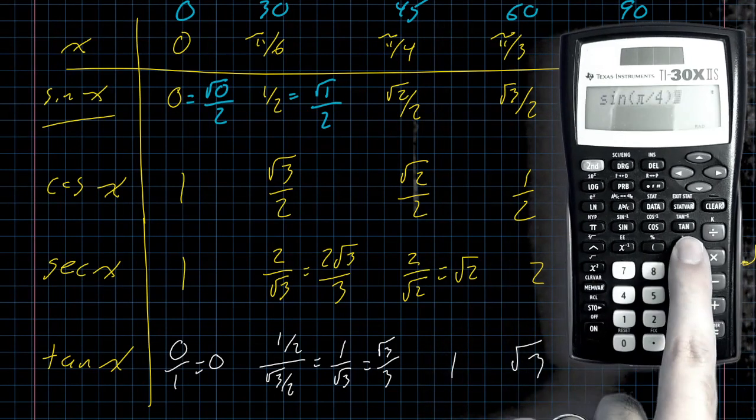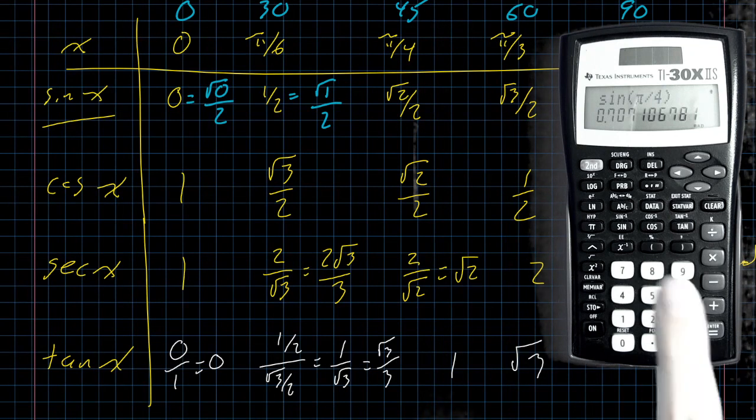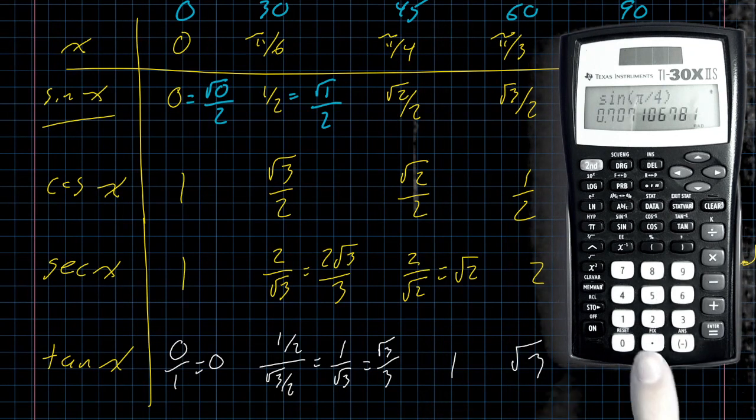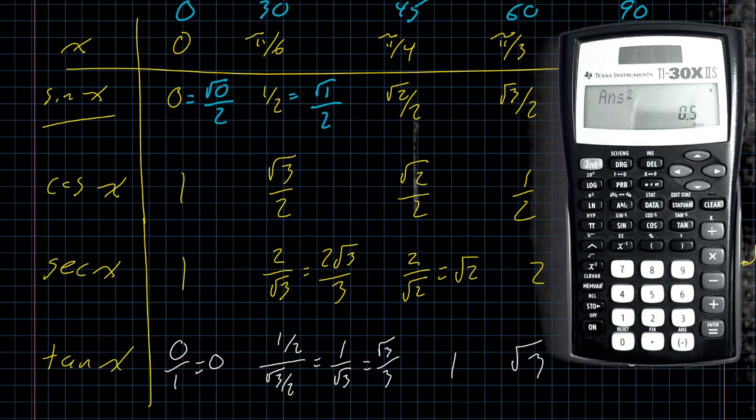If I don't quite remember that sine of pi over 4 is root 2 over 2, but I remember that it involves a square root somehow, I can put sine of pi over 4 into my calculator, and then I can square it and get that sine of pi over 4 squared is 1/2. So sine of pi over 4 must be the square root of 1/2. And if you rationalize that, you get root 2 over 2.